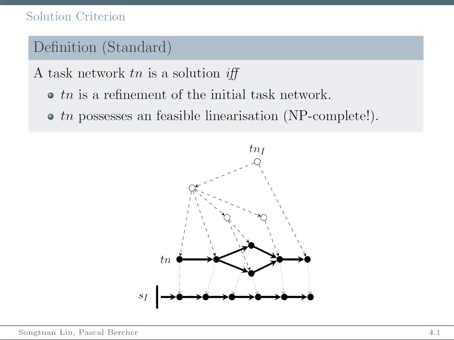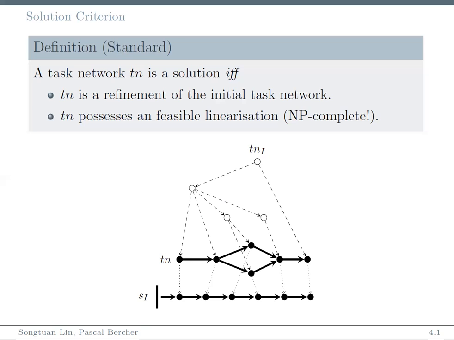However, these criteria introduce an ambiguous hardness source because deciding whether a task network has a feasible linearization is already NP-complete.